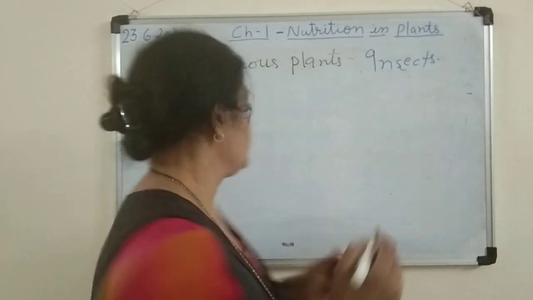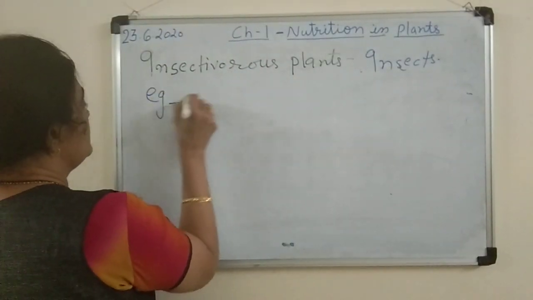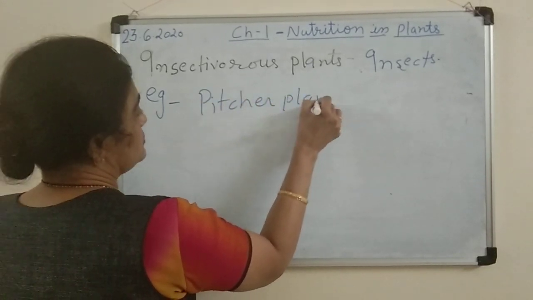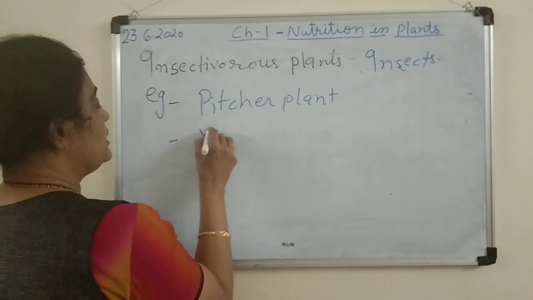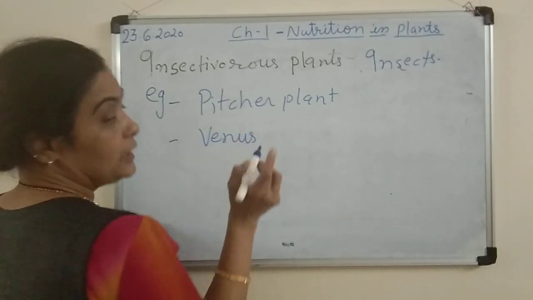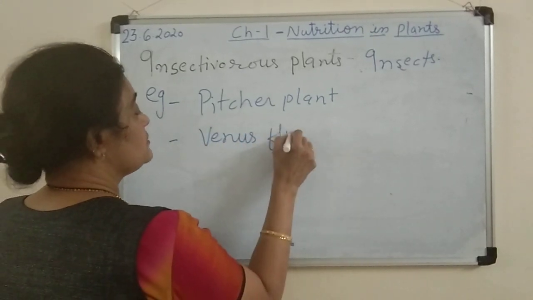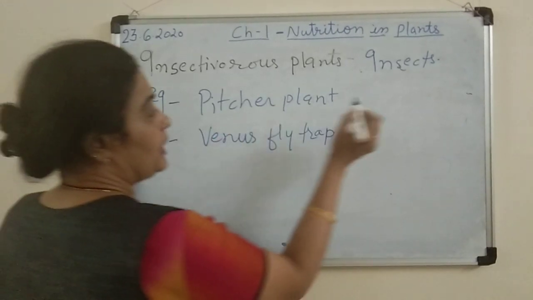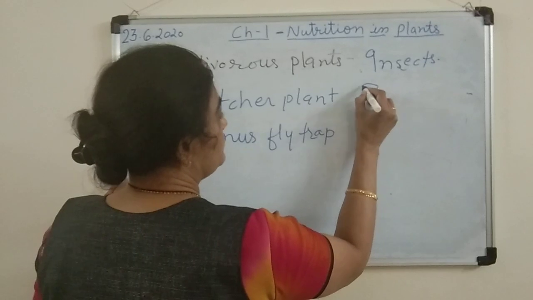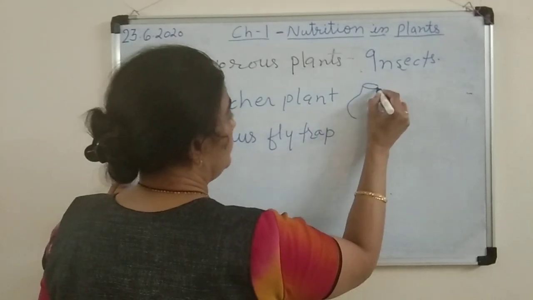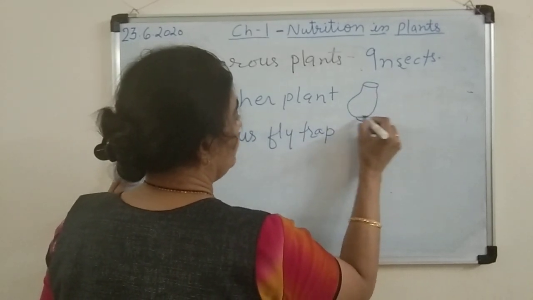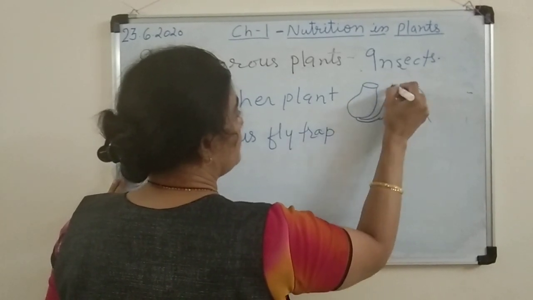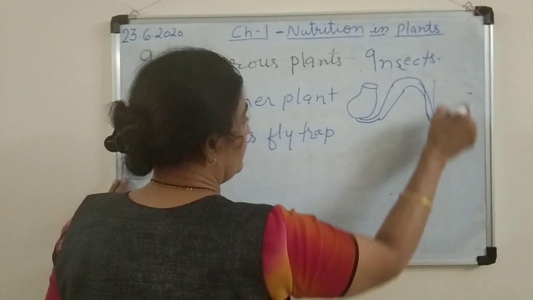There are examples: pitcher plant and Venus flytrap, as you see in your book. In the pitcher plant, there is a pitcher-like, pitcher means a pot-like structure. The leaf gets modified and is very well attached to the plant stem.